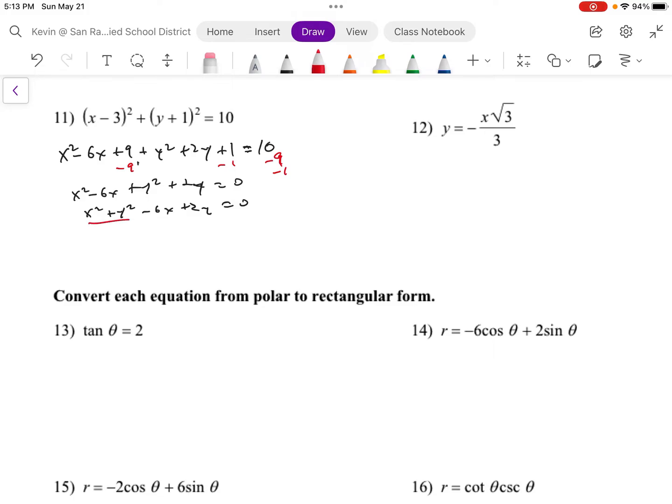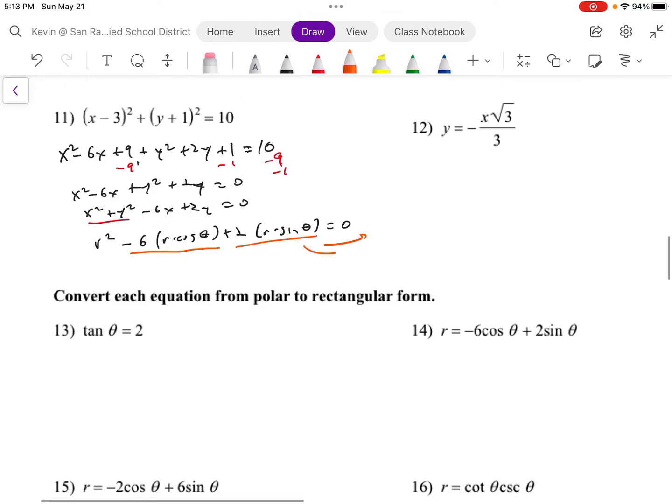Now we're going to substitute x squared plus y squared with r squared, and then we're going to substitute x with r times cosine theta, and we're going to substitute y with r times sine theta, and that equals 0. And then once again, I'm going to take my negative 6r cosine theta and bring it over here. I'm going to do the same thing with my 2r sine theta.